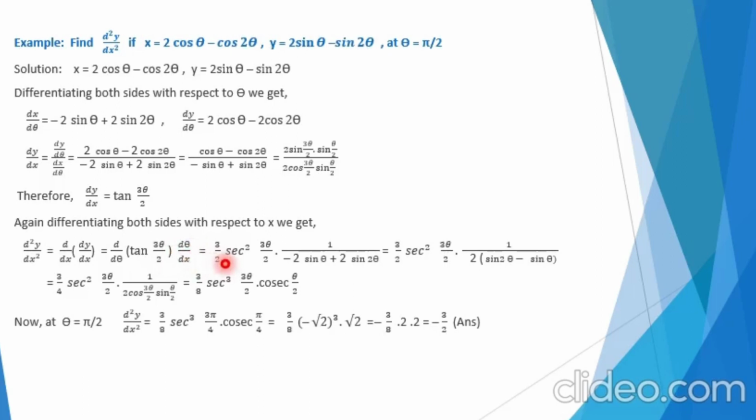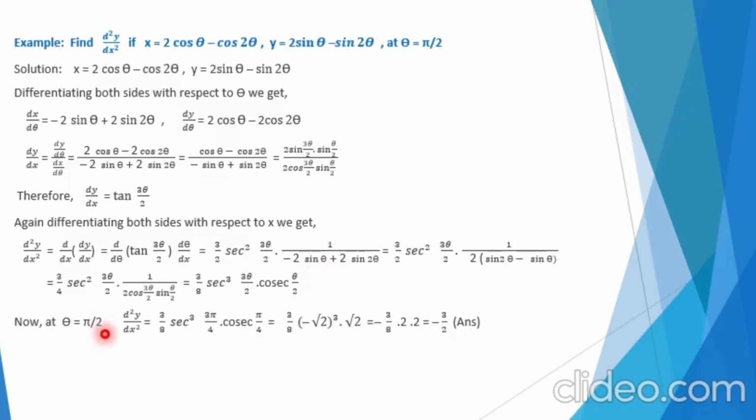That is equal to d d theta of tan 3 theta by 2 into d theta dx, where d theta dx means 1 by minus 2 sin theta plus 2 sin 2 theta. Therefore, after simplification, d2y dx2 will be 3 by 8 sec cube 3 theta by 2 into cosec theta by 2.